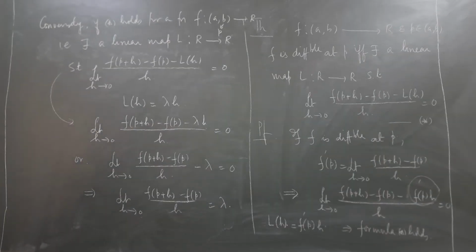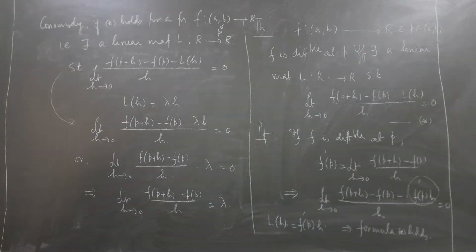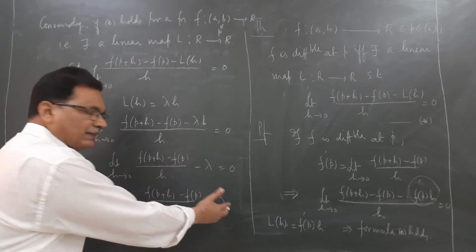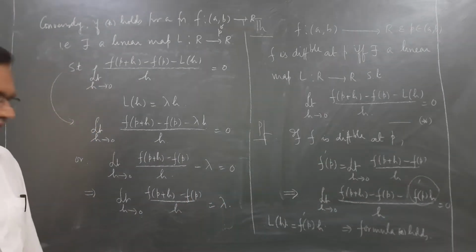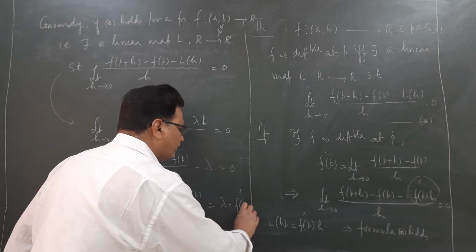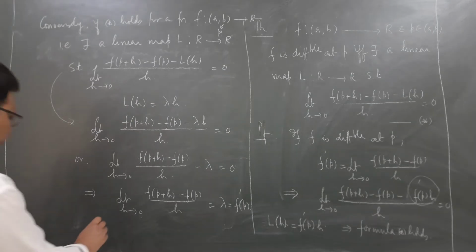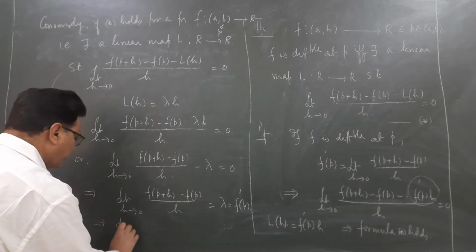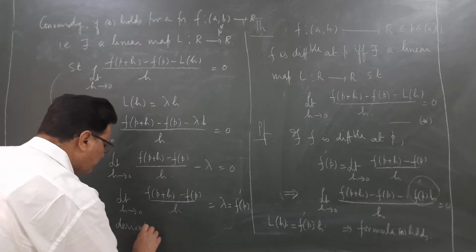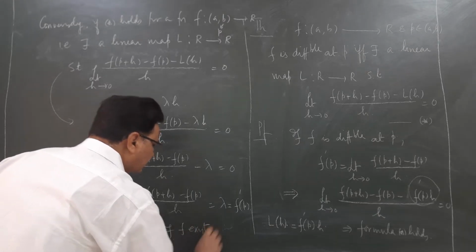So at this point, if you look at it, you will say that this limit exists and is equal to a well-defined scalar lambda. In other words, this is precisely the derivative of f in our first definition. So this lambda is nothing but the derivative of f. So this means the derivative exists.